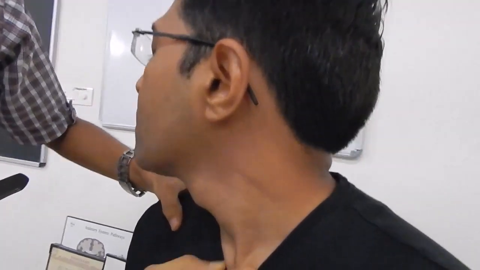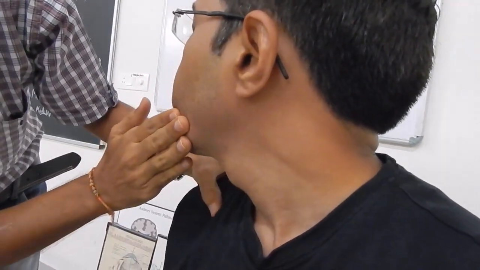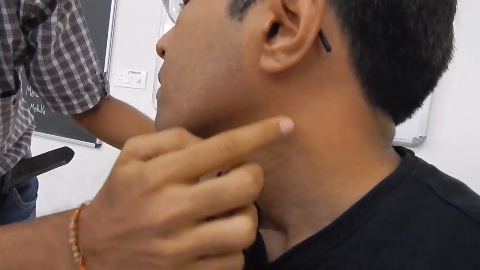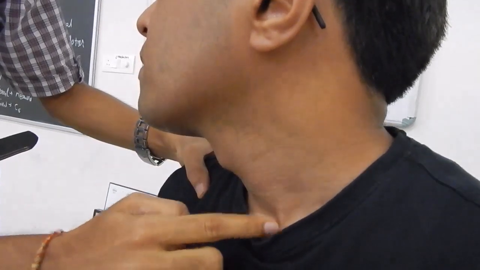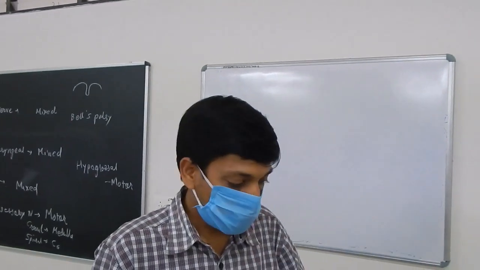Yes, as you can see this is the opposite sternocleidomastoid. See, this sternocleidomastoid will become prominent. Okay, so you have to check for the prominence of this sternocleidomastoid muscle. So both are prominent, so that means they are G5. So that is examination of the 11th cranial nerve.